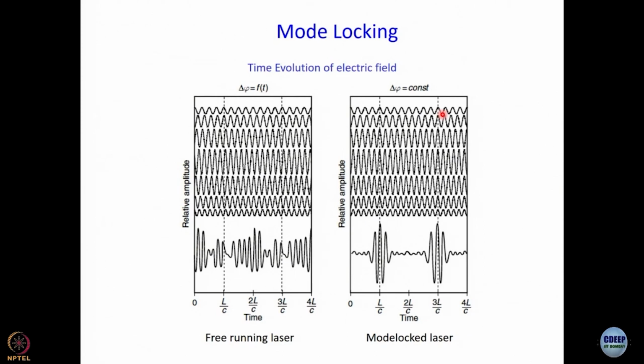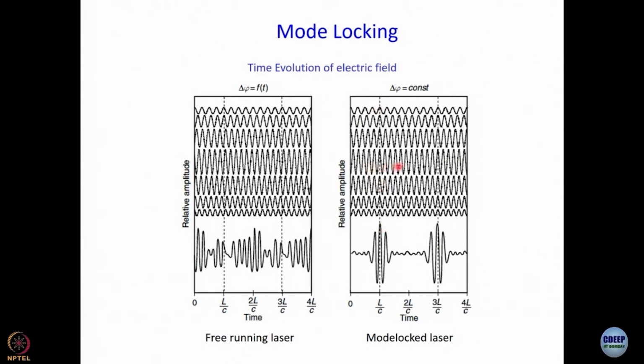The easier thing to work out here is at some points, let us say at this point, phase difference is 0. Now, what happens? You see this kind of an oscillation here, and here you see that at this point everything is in phase. So, all the electric fields will add up, you will get constructive interference.